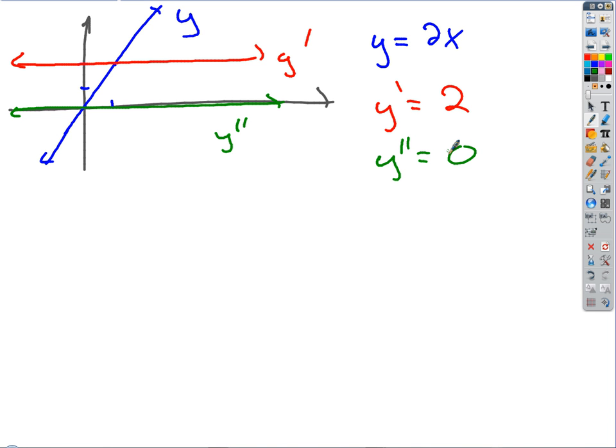There's only one answer for y prime. It's 2. Agreed? Okay. Only one answer for y double prime. It's 0. Now, what happens if we reverse that process? Let's pretend that we started down here instead and work the other direction. If we started with the first derivative, let's start there, being 2. So here's the graph we're starting with.